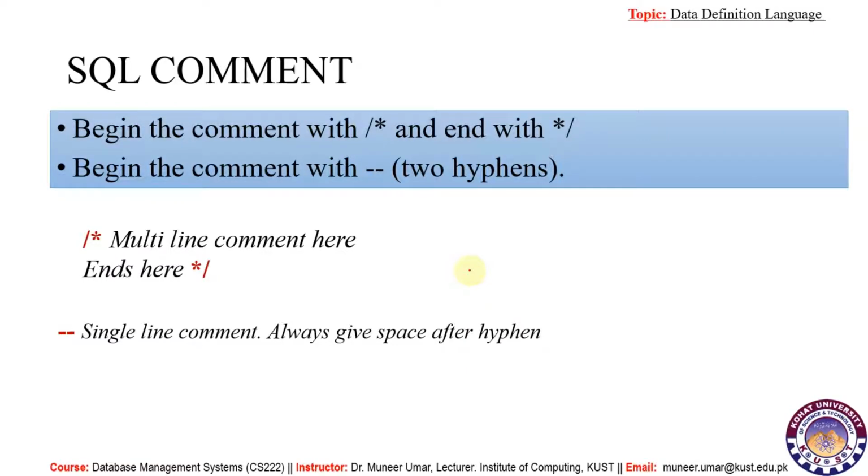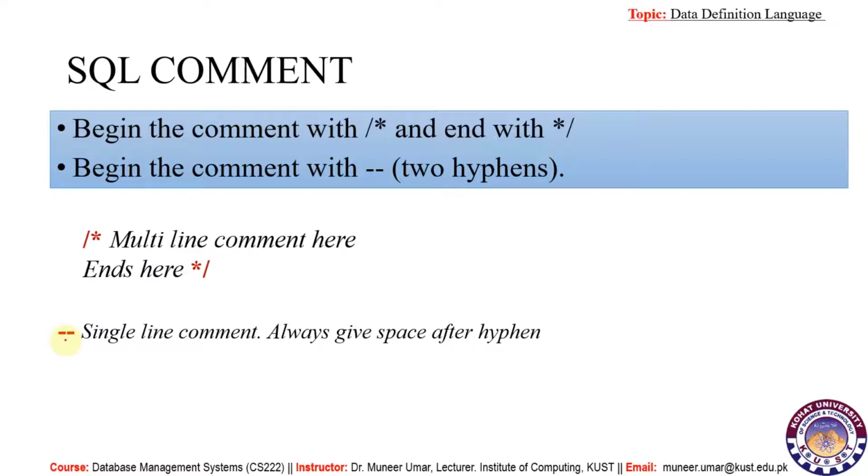We can also add comments in our code as we do in other programming languages. For multiple lines we must use slash-star and close that comment with star-slash, and for a single line we must use a double hyphen.